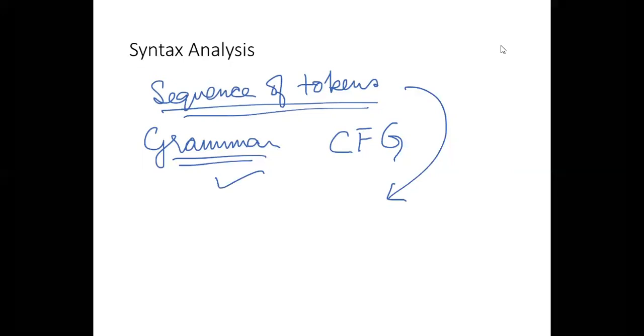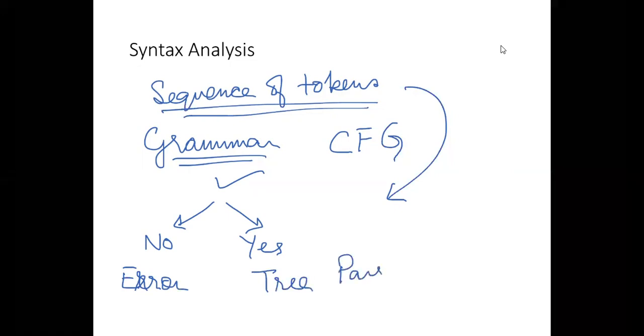If it does not meet the rules of the grammar, then you get an error message. And if yes, then you get a structure which represents the sequence of tokens in the form of a tree, which is known as the parse tree.